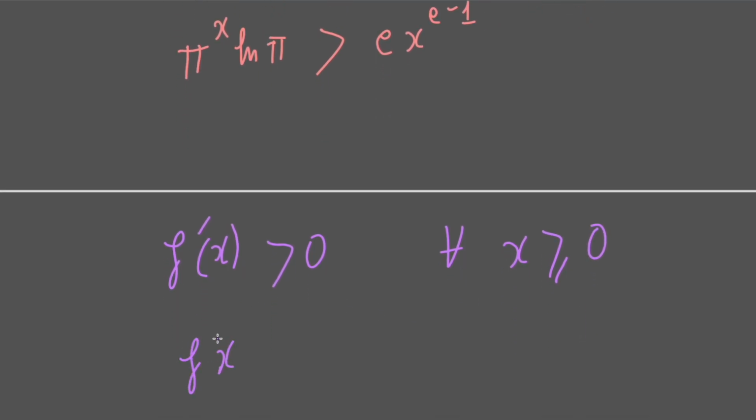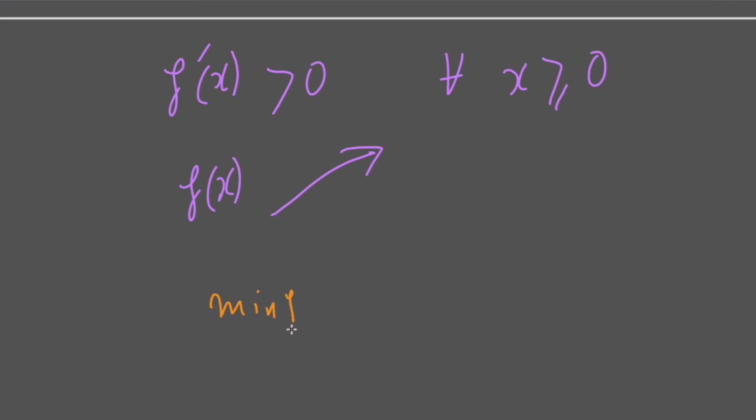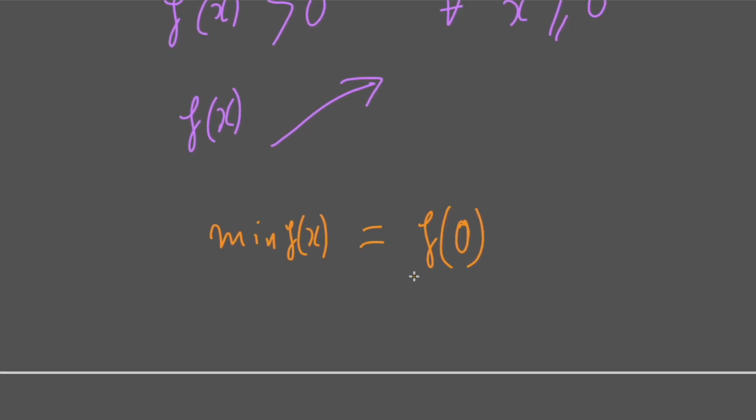Then f(x) is an increasing function. If f(x) is an increasing function, the minimum of f(x) would be equal to f(0). If x equals 0, pi power of 0 minus 0 power of e minus 1 equals 0.